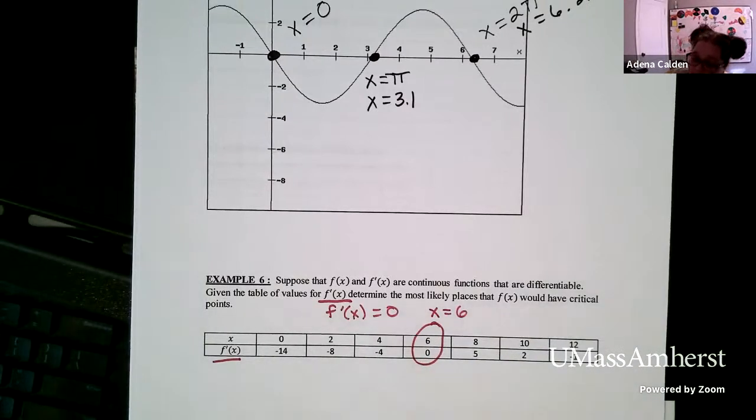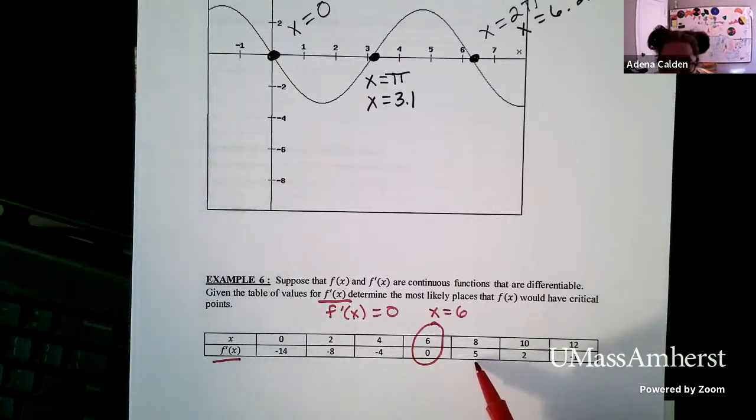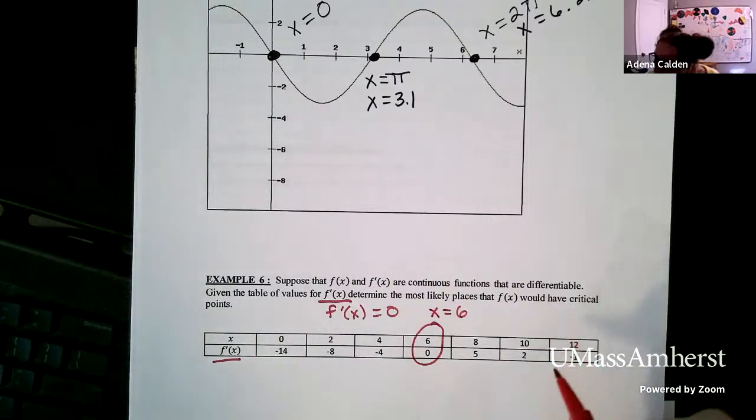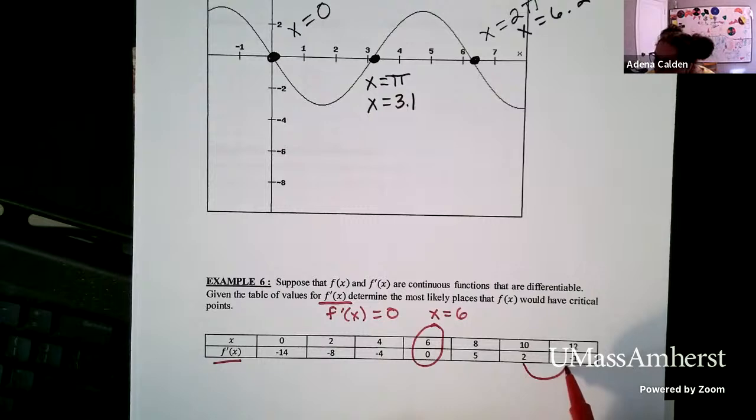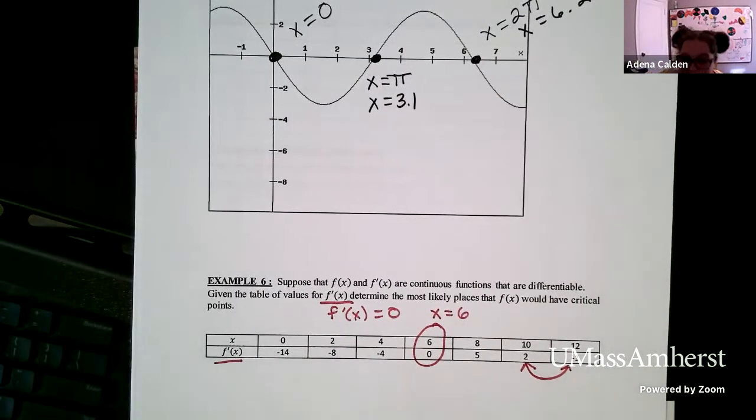Now, there's another tricky one in here that's not quite as obvious. Notice the y values here: 5, 2, -1. In order for your y value to change signs from positive to negative or from negative to positive, it has to go through 0.